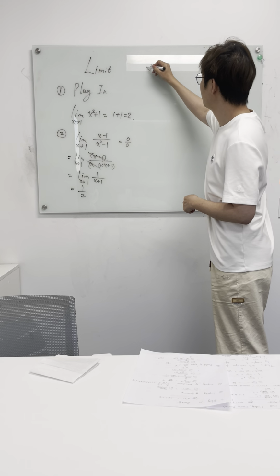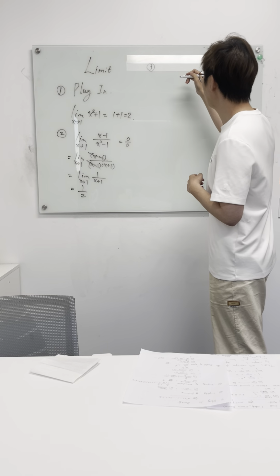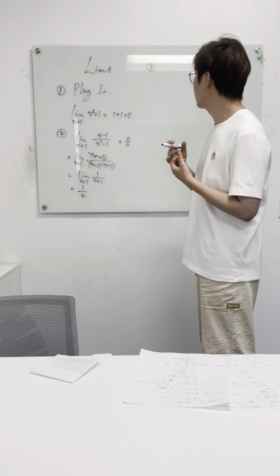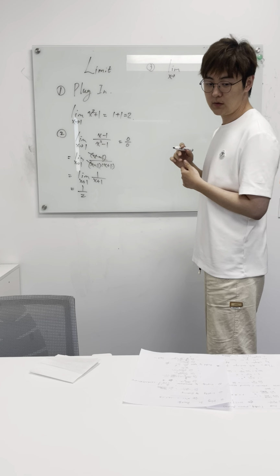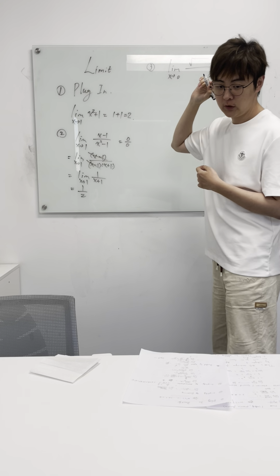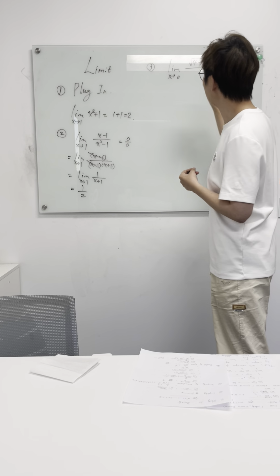And the third one is also simplifying, but this time we simplify by rationalization. I give you this kind of question: the limit as x goes to 0 of square root of 4 plus x minus 2, divided by x.